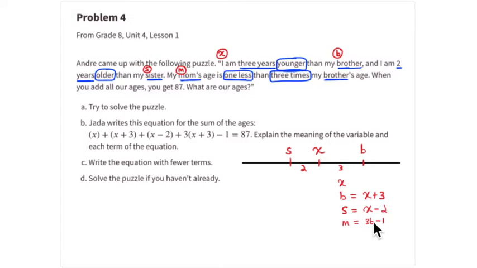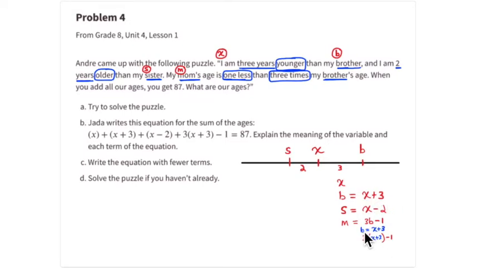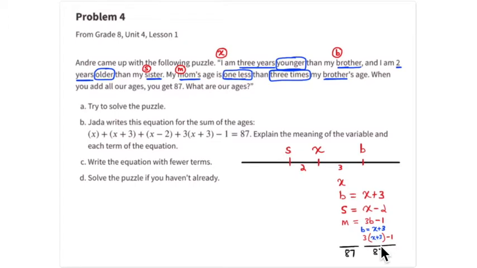So we can substitute this b for that x plus 3. So we can replace this b, or substitute the b for x plus 3. So 3 times the brother's age, and it's 1 less than that. So the mom's age is 1 less than 3 times the brother's age. And all of that adds up to 87.